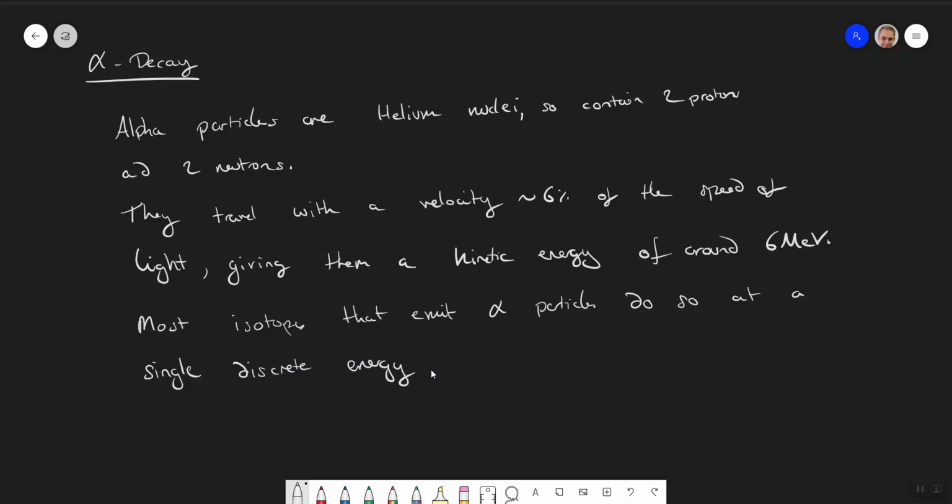Now, what this means is that they generally travel a certain distance through air before just stopping.